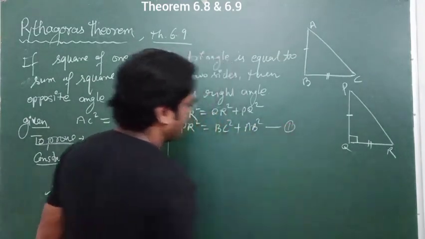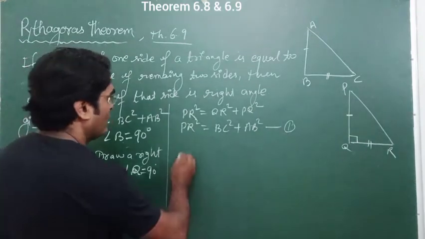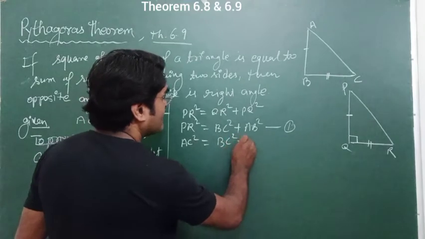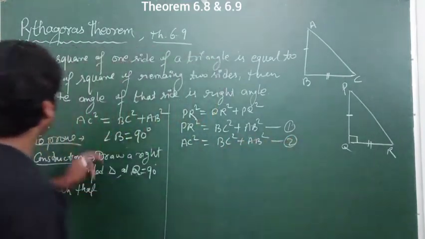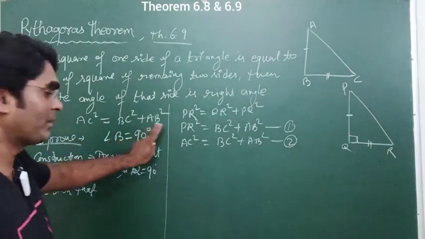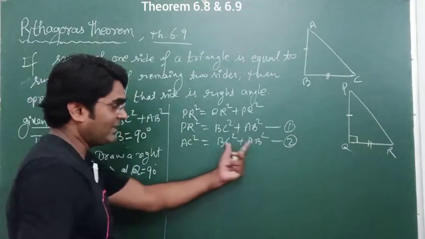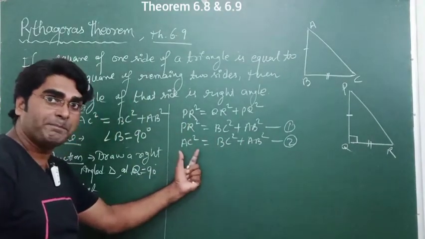Now, this is already given: AC square is equal to BC square plus AB square. This is true. So by first and second, the right hand sides are equal. In that case, the left hand sides will also be equal.